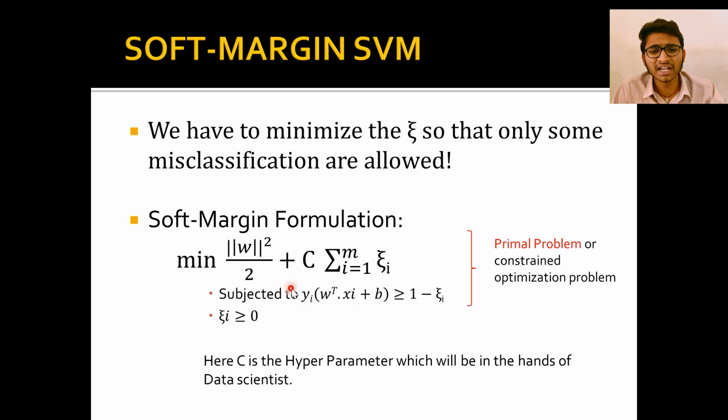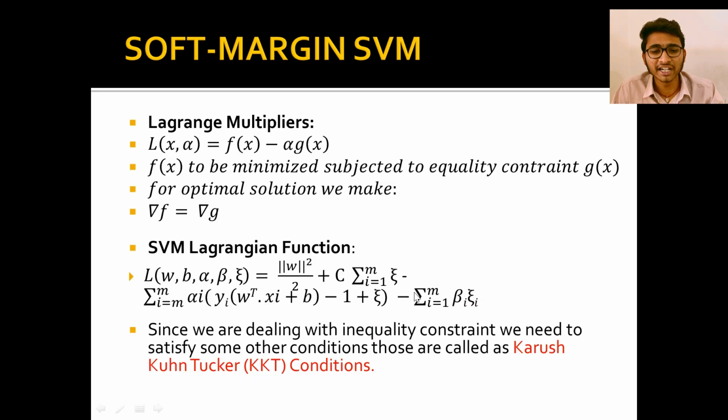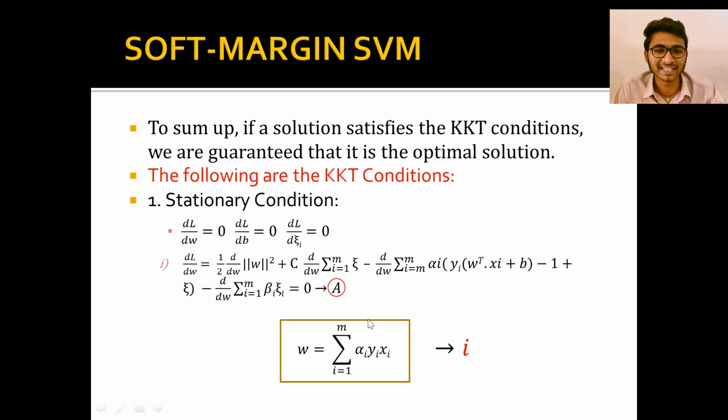Since it is an inequality constraint, we have to satisfy other conditions known as Karush-Kuhn-Tucker conditions. What are these? Let's understand. To sum up, if the solution satisfies the KKT conditions, we are guaranteed that those are optimal.